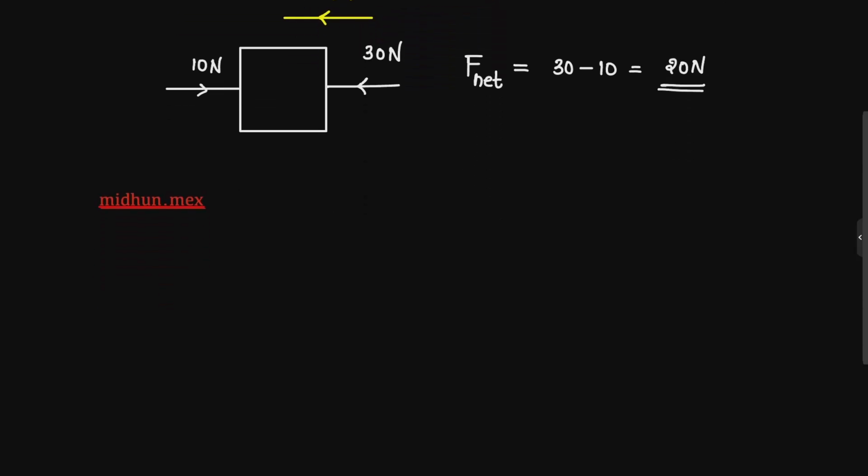Next, we will see the most common thing we are going to encounter. Most common thing is our case 3. In our case 3, vector A is perpendicular to vector B. Both are perpendicular to each other. So let me mark like this.